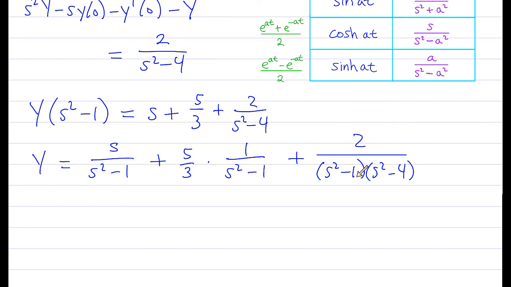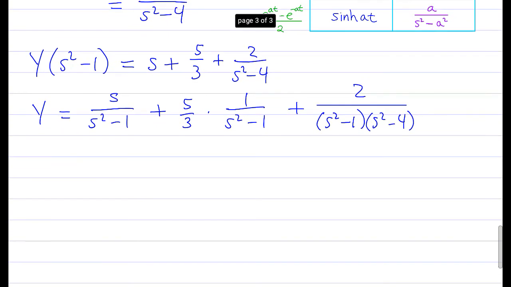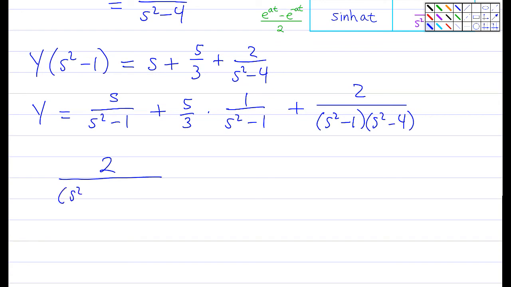And as usual, we're going to try to break this up into separate fractions using partial fractions. So we want to know 2 over s squared minus 1 times s squared minus 4.